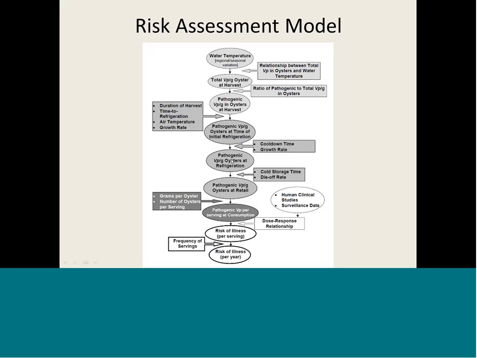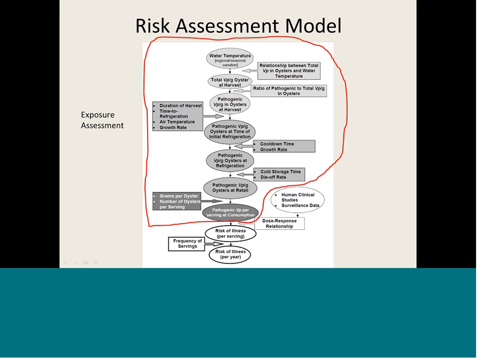Once the pathogenic Vibrio are refrigerated, we experience some die-off then of the Vibrio. And so what we're basically doing is going to be looking at a model that estimates how many Vibrio are in a gram of oyster flesh at the time of harvest and how many are in the oyster flesh at the time they are consumed. Okay?